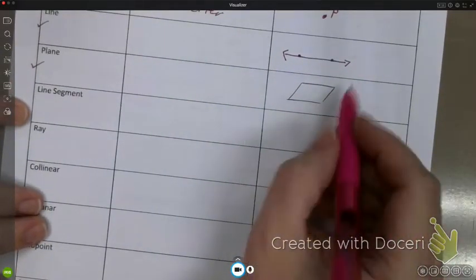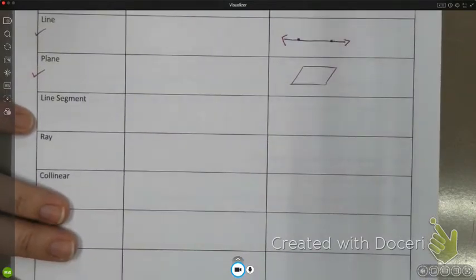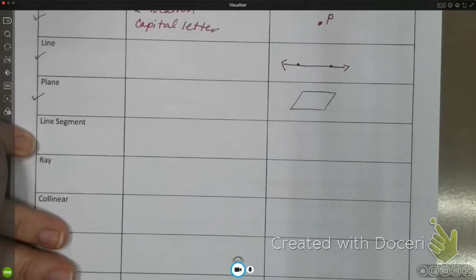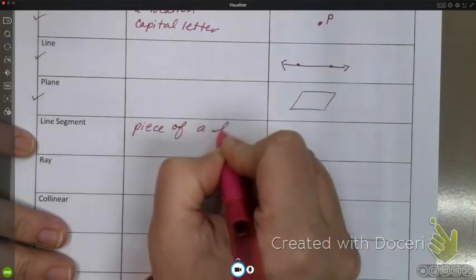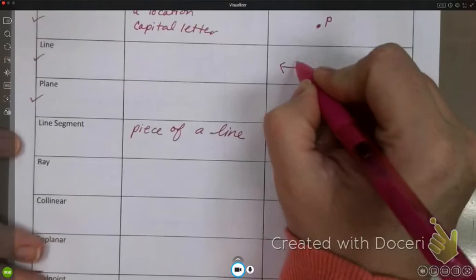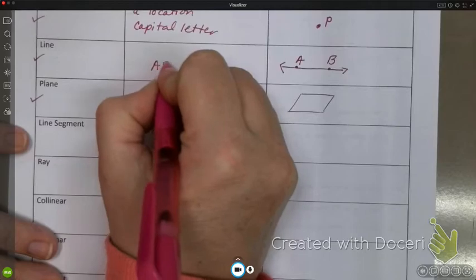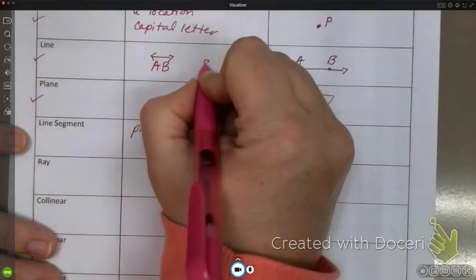All right, so let's talk about a line segment then. What does a line segment sound like it is? It's related to a line. It's a piece of a line. So if I go up here to my line, and we had our line AB, I think it was called, correct? And we called it AB with this symbol above it, or you could call it BA.